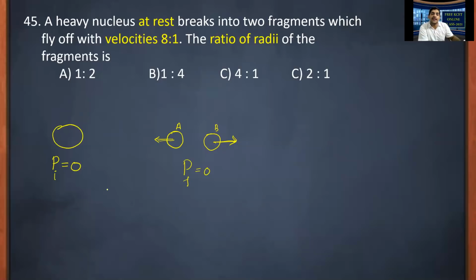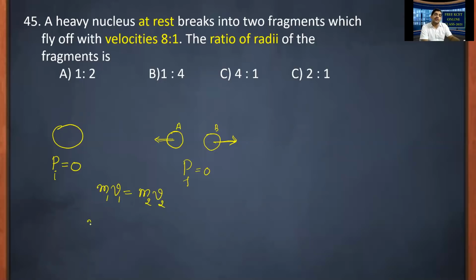So I can write the mass of the first fragment as m1 and its velocity as v1. So m1 v1, the momentum of the first fragment, is equal to the momentum of the second fragment, that is, the mass of the second fragment into its velocity, m2 v2.